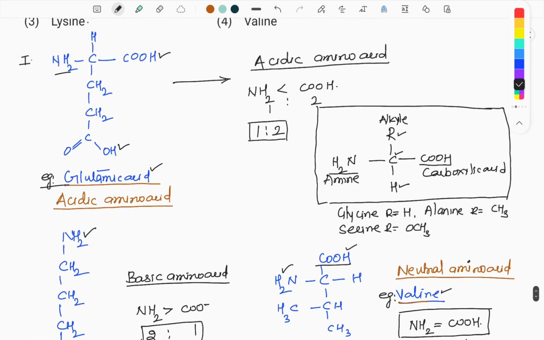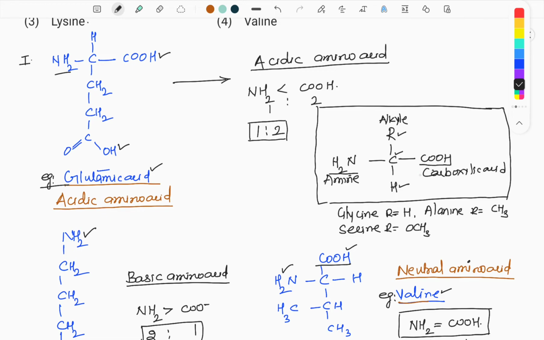I repeat once again, in every amino acid, the common parts are alpha carbon, hydrogen, carboxylic acid and amine group. Uncommon is the alkyl group that varies from one amino acid to the other. And acidic, basic, neutral amino acids are decided by the number of amine groups and carboxylic acids.